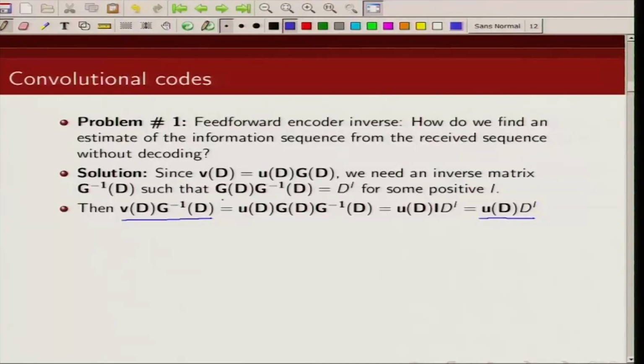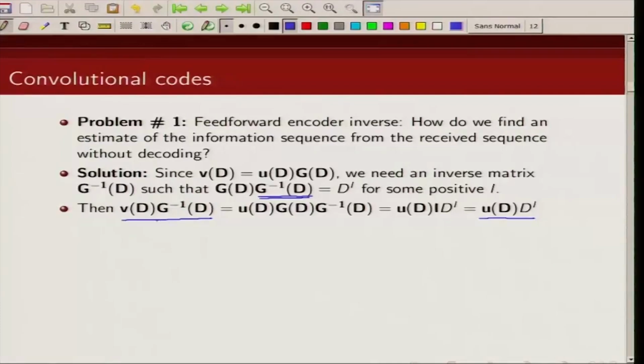So, we are interested in finding this encoder inverse. Does a feed forward encoder inverse exist such that G(D) times its inverse is some delay element? What is the use of this?